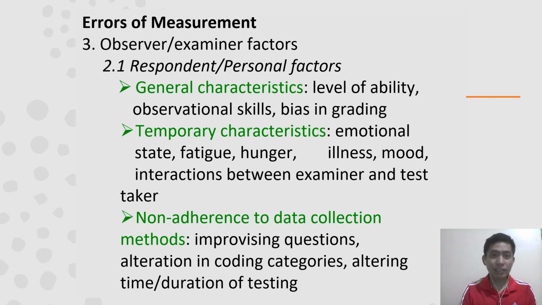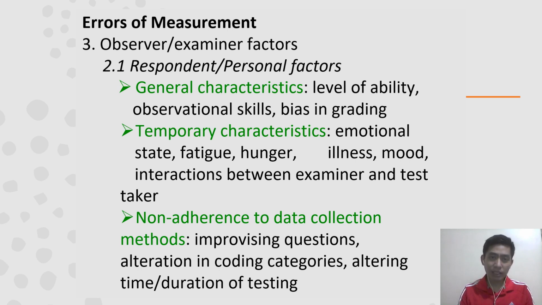We have general characteristics, respondents' personal factors, there's level of ability of observational skills, and bias in grading, temporary characteristics, also the emotion, non-adherence to data collection, improvising question, alteration in coding categories, altering time duration of testing.